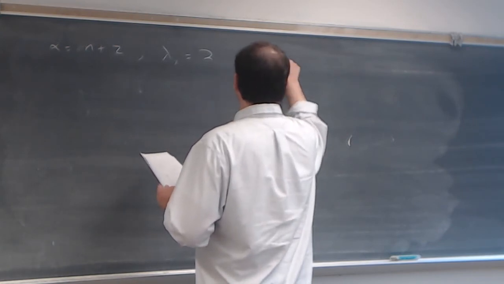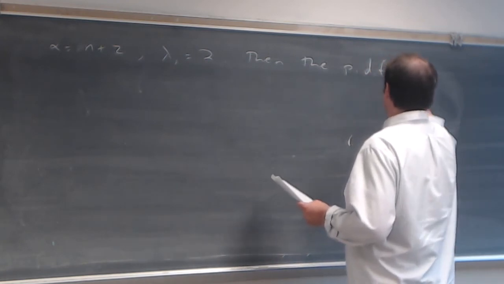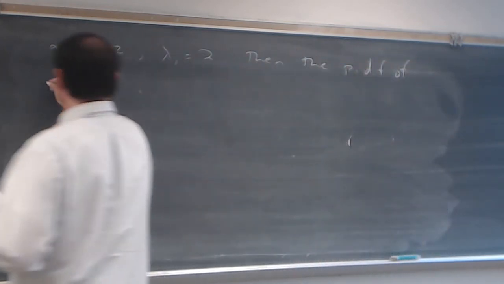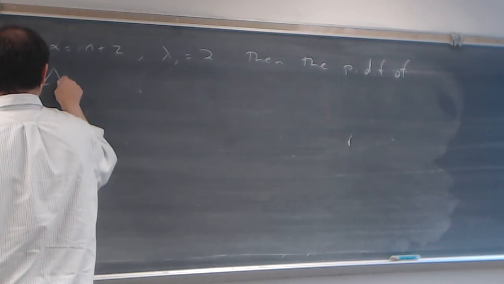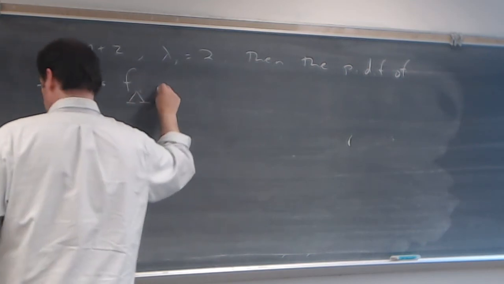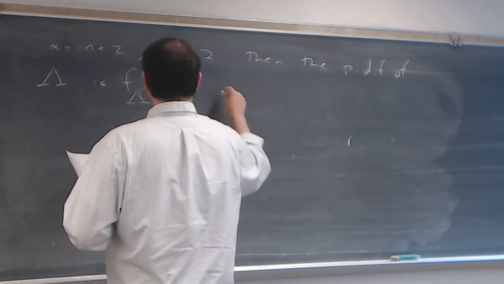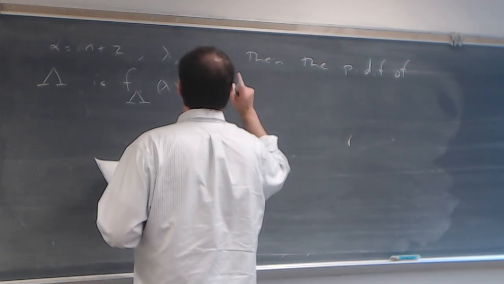Then the PDF of this big lambda, f sub big lambda evaluated at little lambda, is equal to, okay, so this is for gamma.